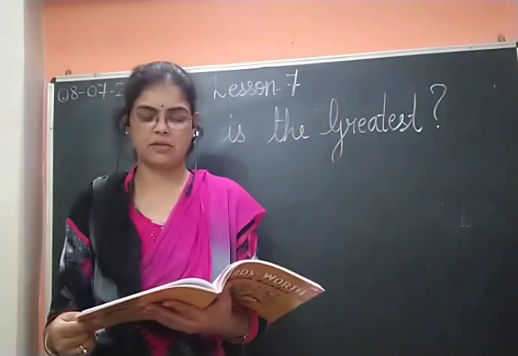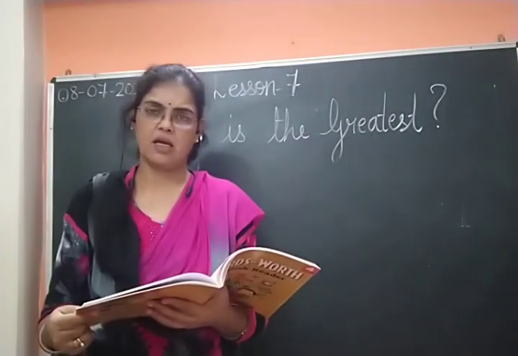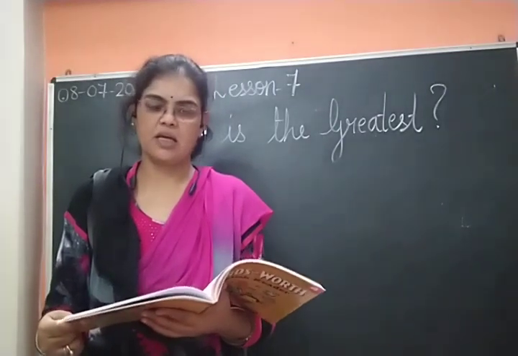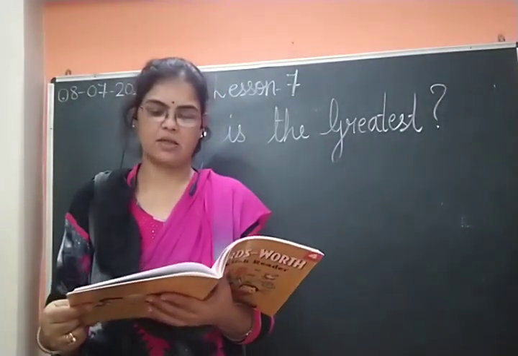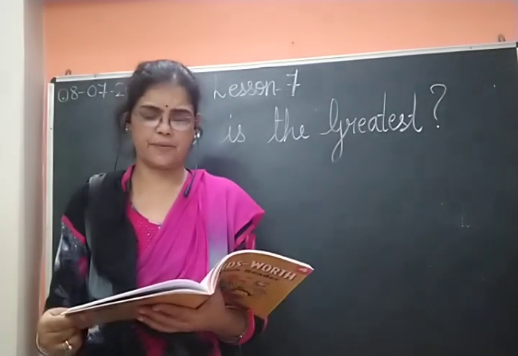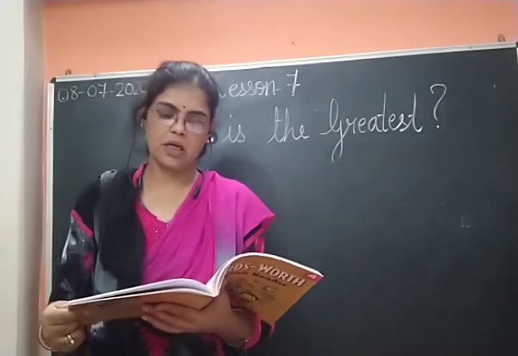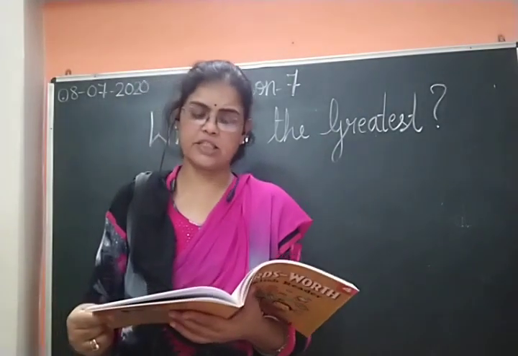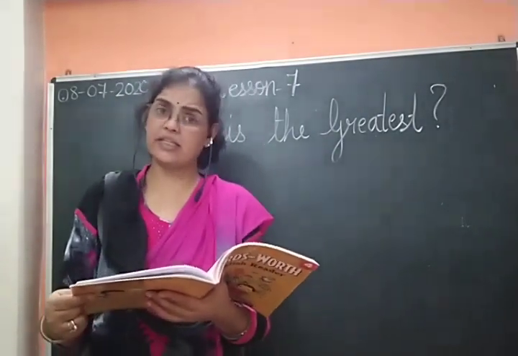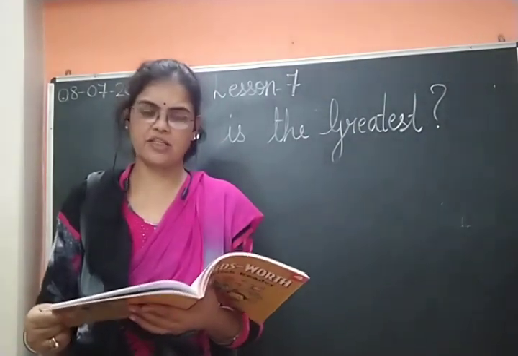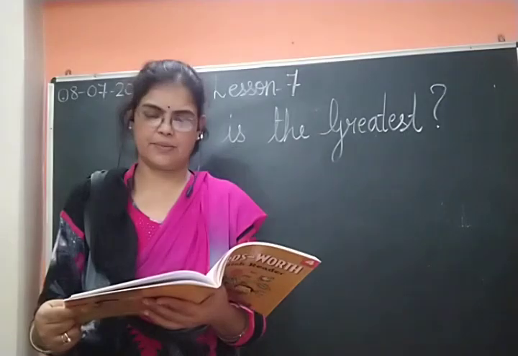The farmer then went to the wind, but he answered, "Oh, I am not the greatest. The mountain is stronger than me. It is so high that it stops me from going to different places."